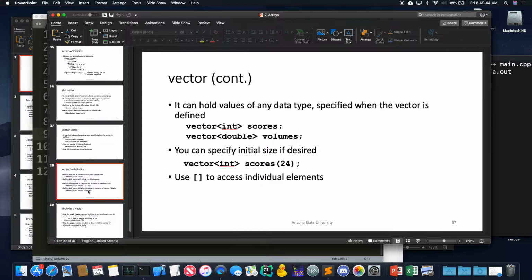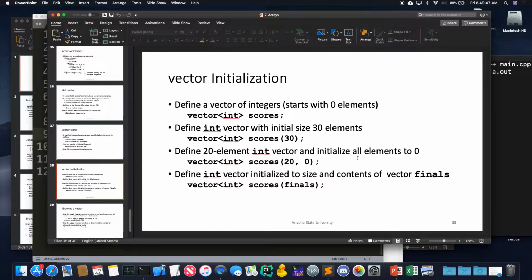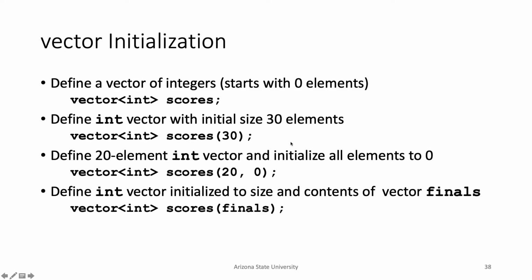Okay, so if you want to create vectors, there are several ways to do that. So here it says define a vector of integers starts with 0 elements. So you don't have to put a size here, an initial size. And so this will start with 0 elements. How can that be possible? Because there's actually no way, although given my track record, there probably is a way to define an array of 0 elements.